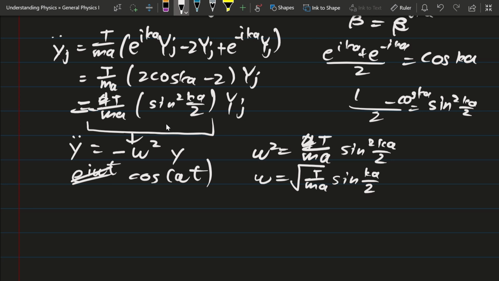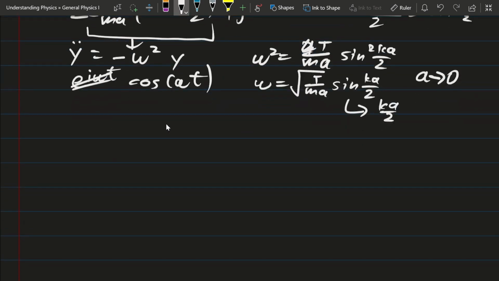So we are now approaching the solution. If we actually assume a goes to 0, so the distance will be very small, you would notice that this right hand side here will be much more similar to ka over 2. So you would later obtain this to be the square root of t over ma over m, which is equal to the square root of t over mu times k.